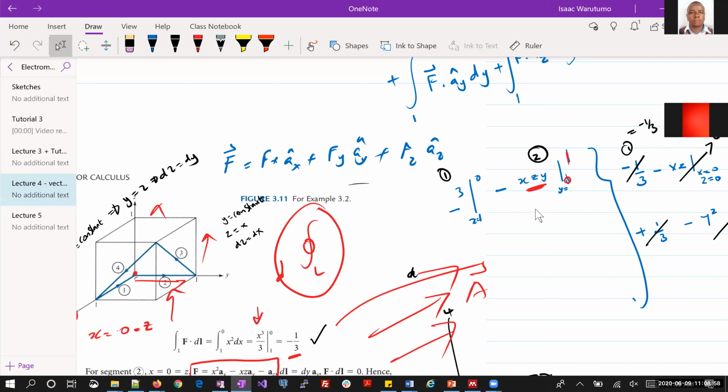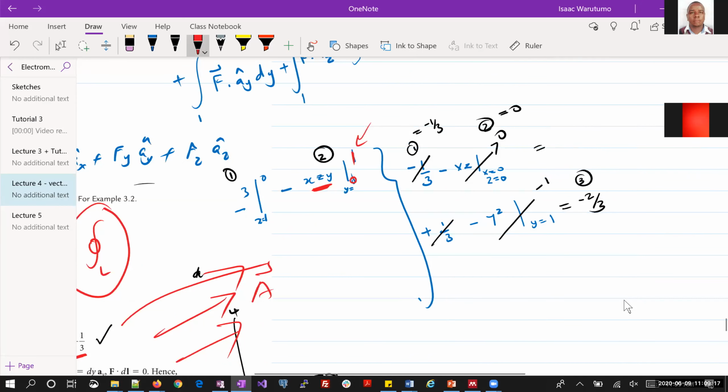When you do that, you just replace y with respect to these two limits, and what you get is minus x minus z.